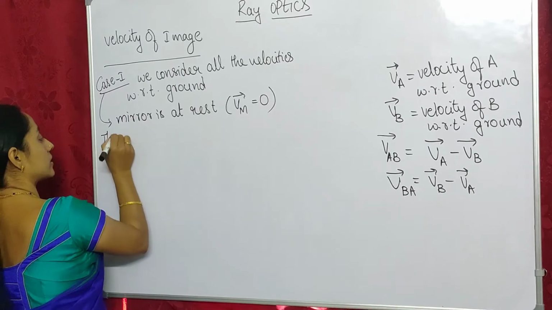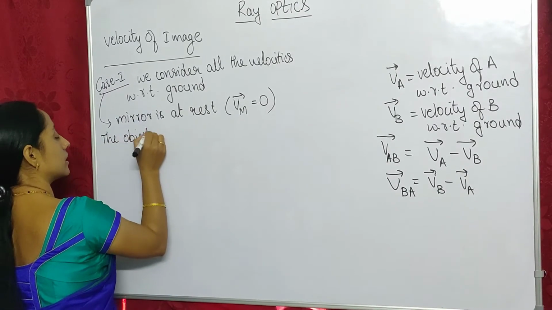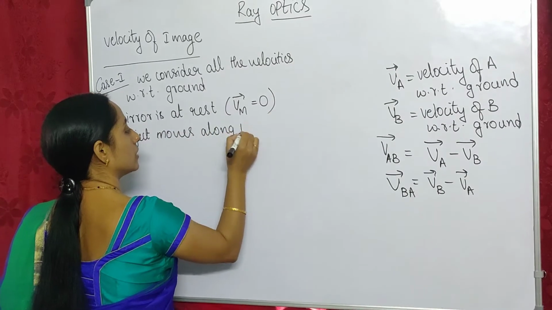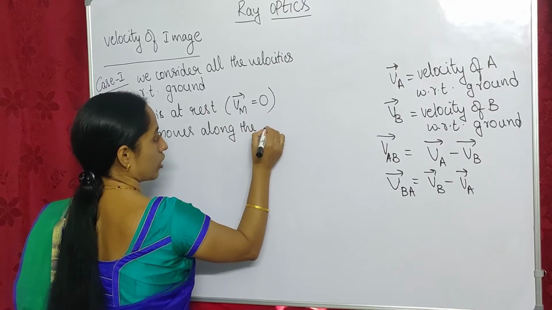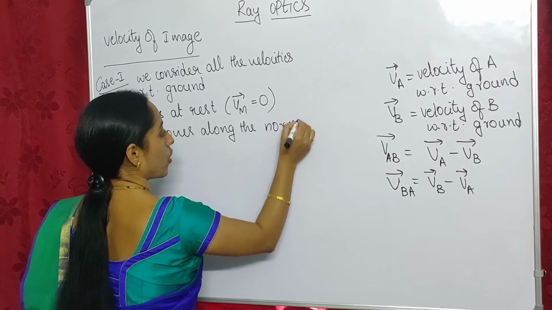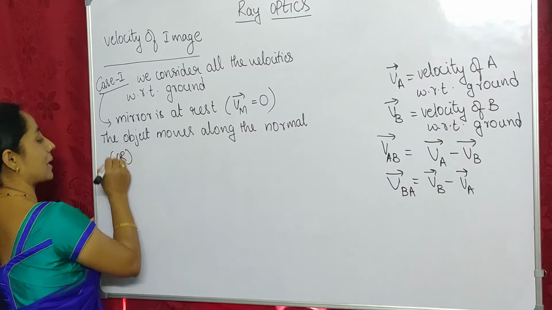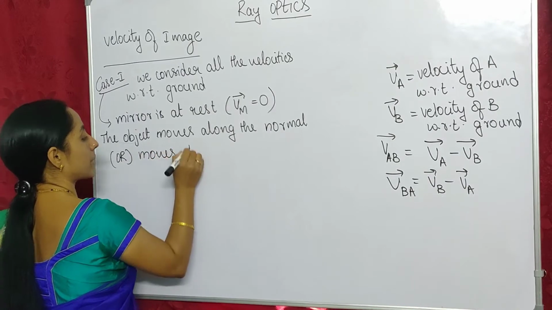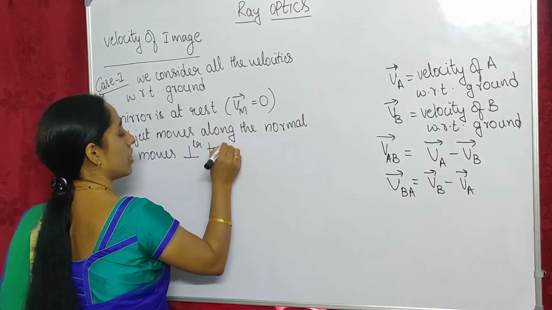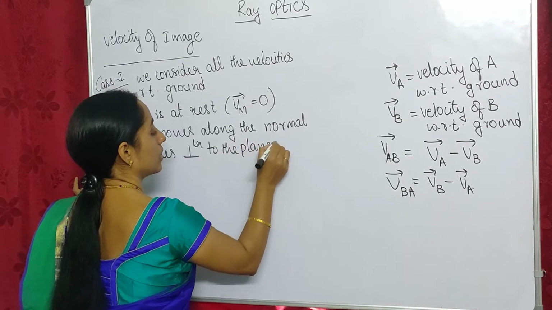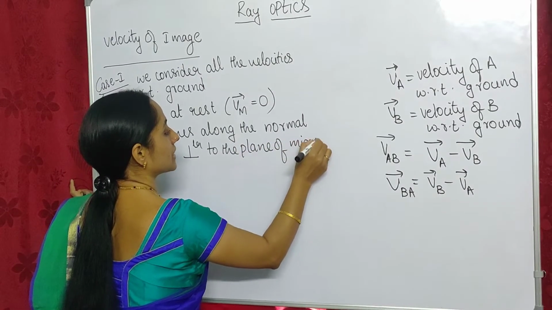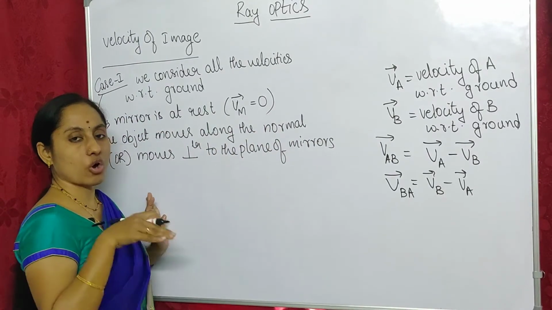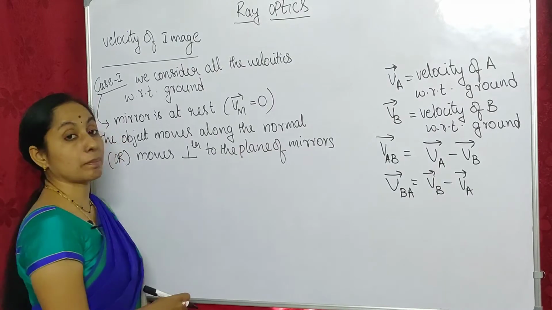Then the object moves along the normal, or the same sentence can be said as the object moves perpendicular to the plane of the mirror. Both sentences have the same meaning.